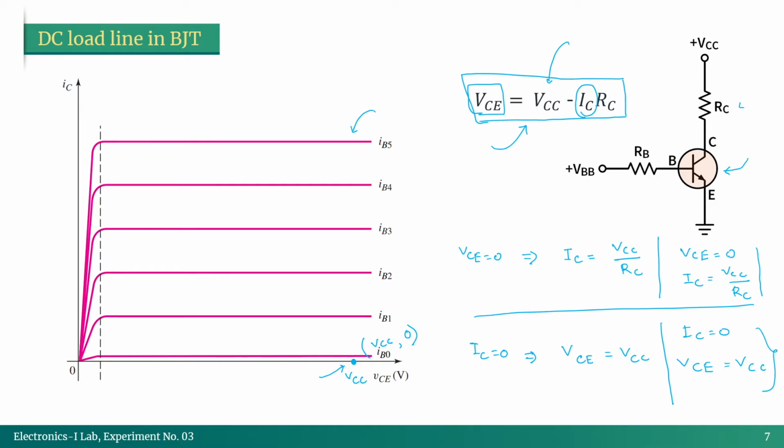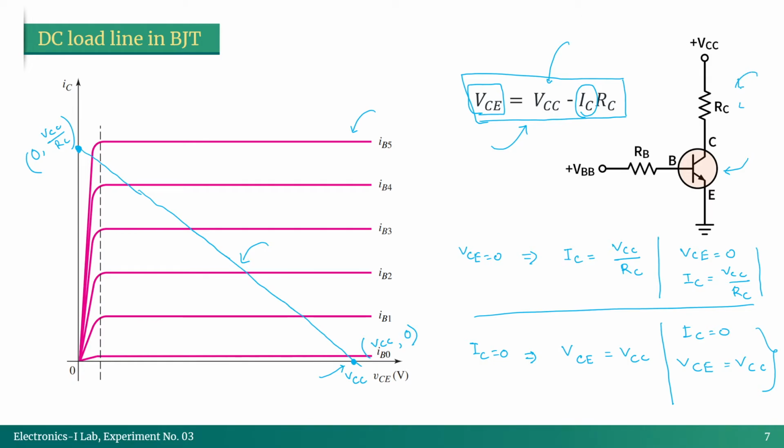To plot that, VCE should be 0 and let's say IC is equal to VCC by RC, maybe this point arbitrarily. So that is our point 0 comma VCC by RC. These 2 points can be connected together like this. It should be a straight line. I can't draw it very nicely, but you get the idea. So this straight line here is the DC load line of our circuit.